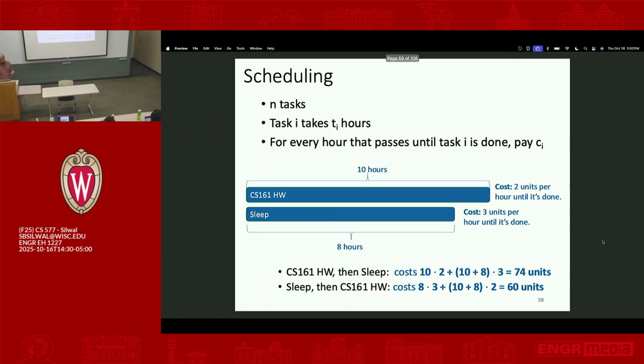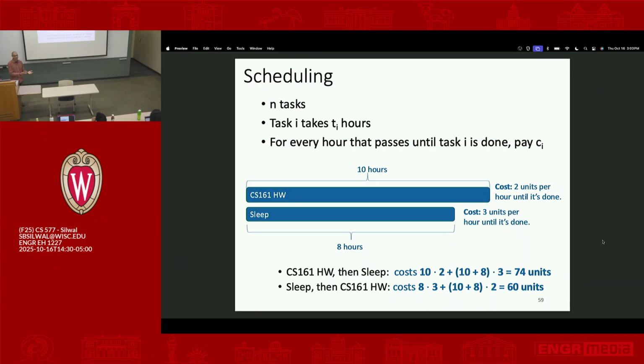I have a bunch of tasks to do, and every hour that a certain task is not done, I have to pay a penalty. And I have to do all the jobs. Previously, I didn't have to do all the activities; I was trying to find a subset of activities to do. Here, I have to finish all the tasks, but in which order I finish them is up to you.